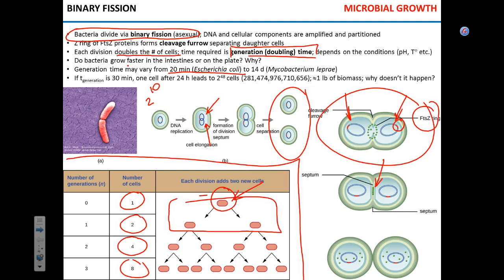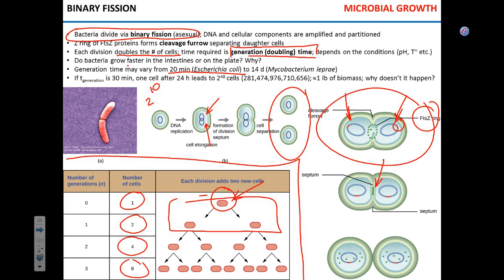As far as I know, the fastest dividing bacteria in the lab that was identified was Campylobacter jejuni. It managed to divide every 30 minutes, 12 or 13, which is incredibly fast.